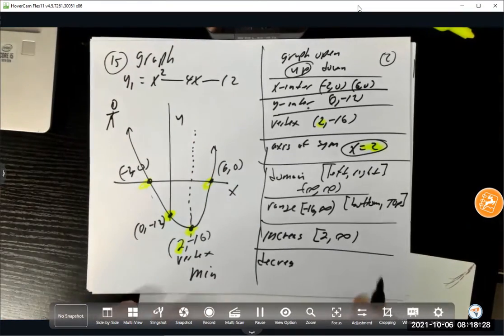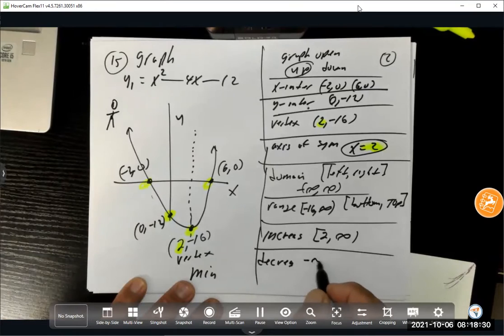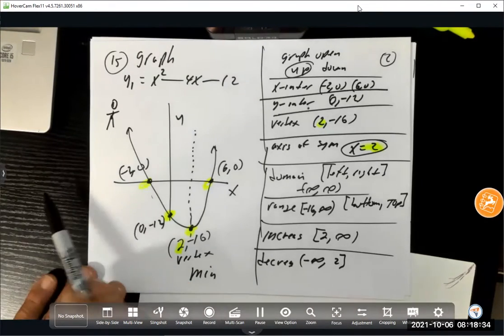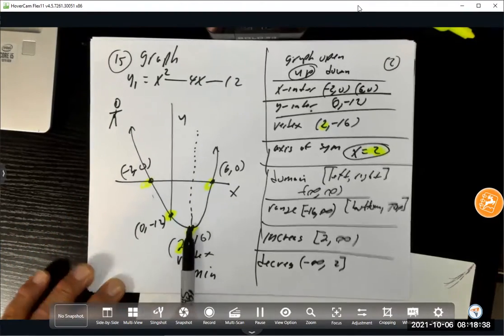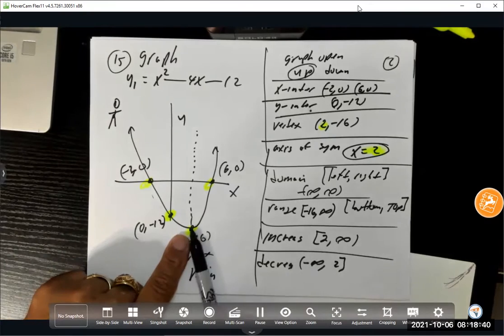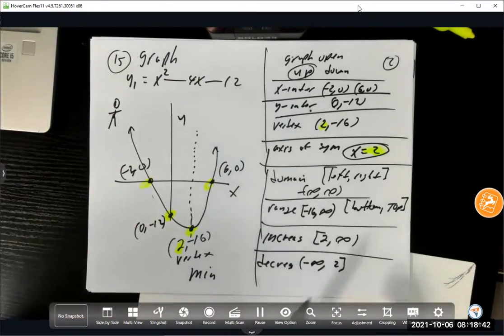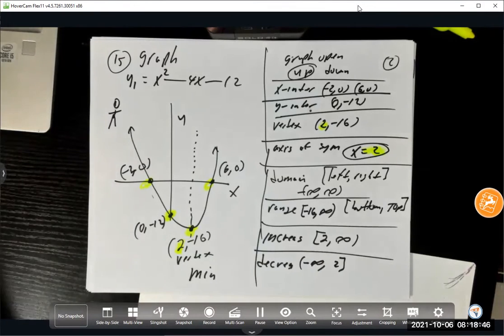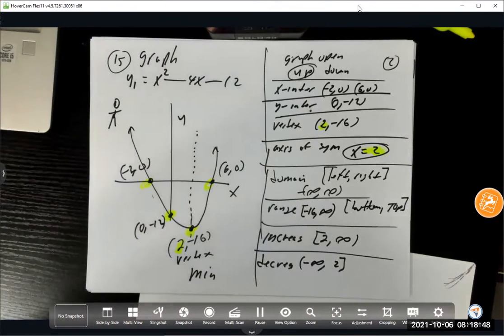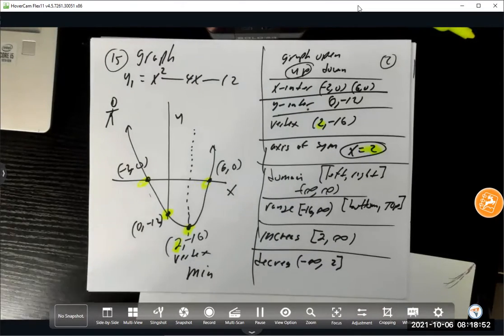From the left side, it's always going downstairs. And then after 2, bigger, it's going upstairs. So there's the other part. Increase, decrease. All right. And then the other question, question number 16, let me go to that one. I'll go next page, okay?